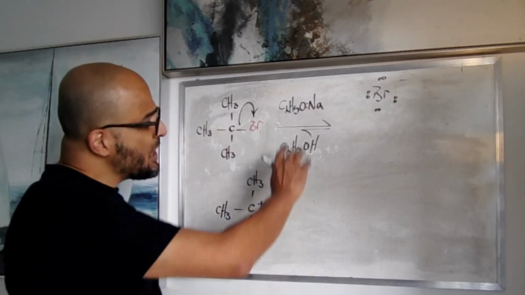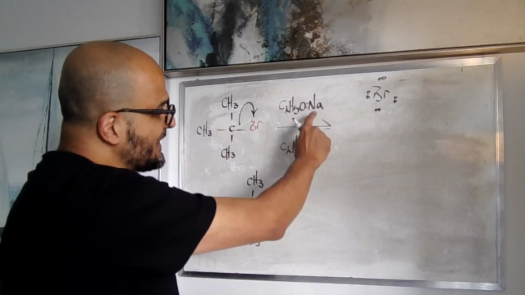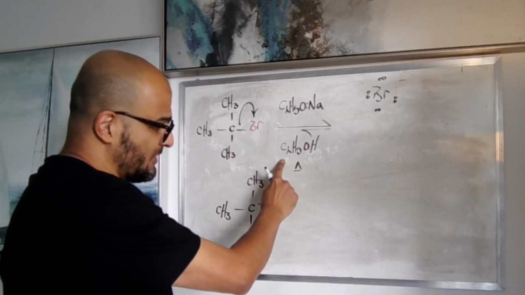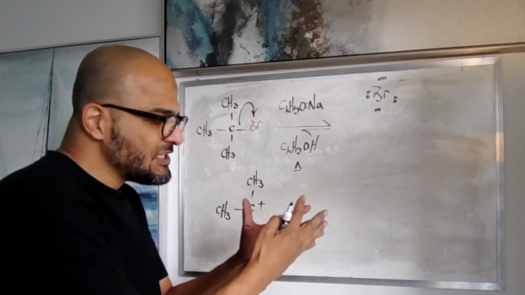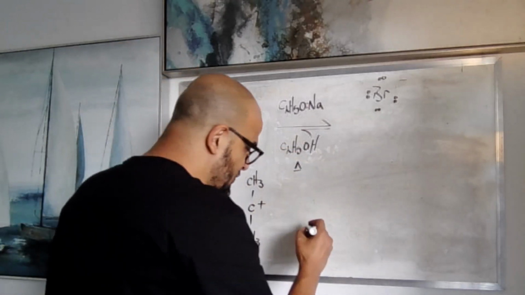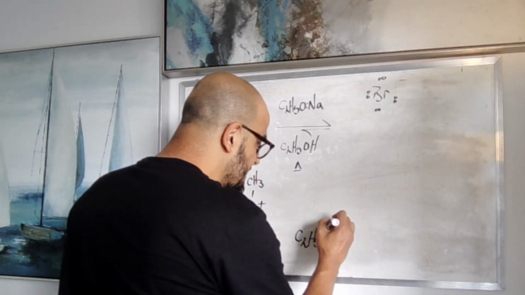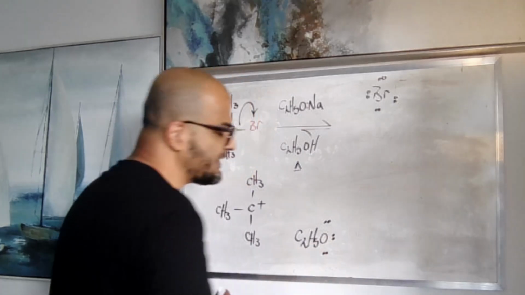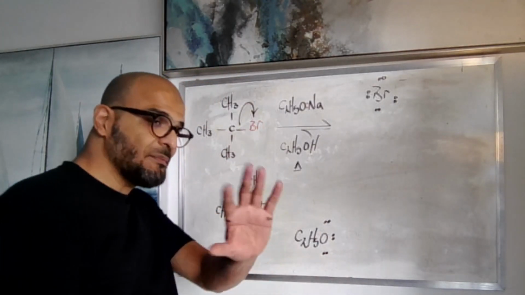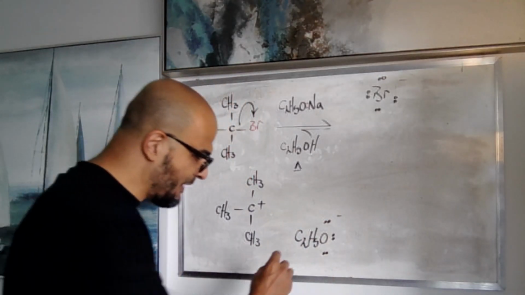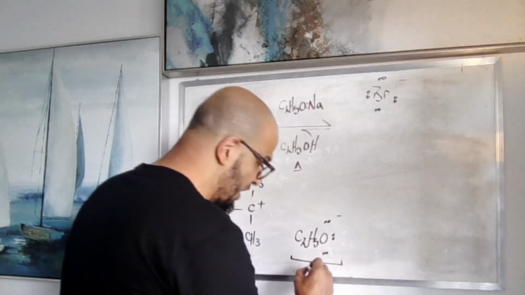First of all, we know as before that the sodium ethoxide in the presence of ethanol can deionize itself. Then we have C2H5 oxygen with 3 lone pairs of electrons, which you know again from the previous lecture why it becomes negatively charged, to form a very strong Lewis base.